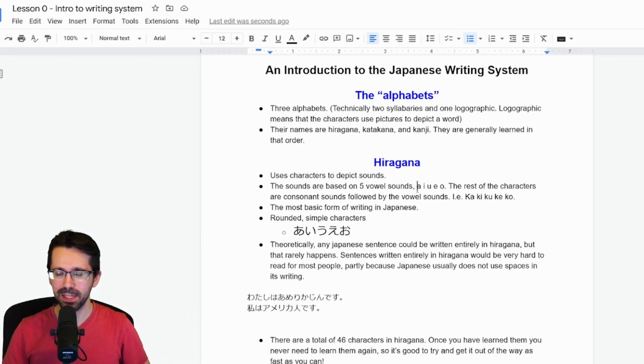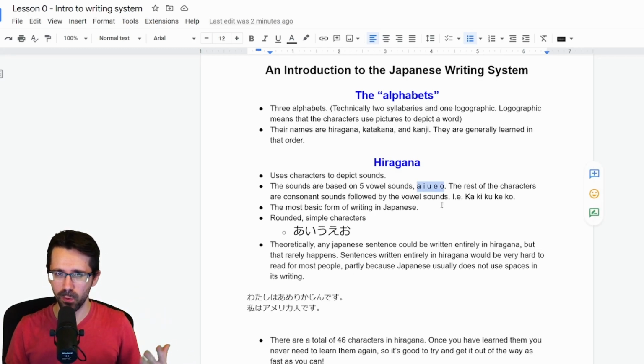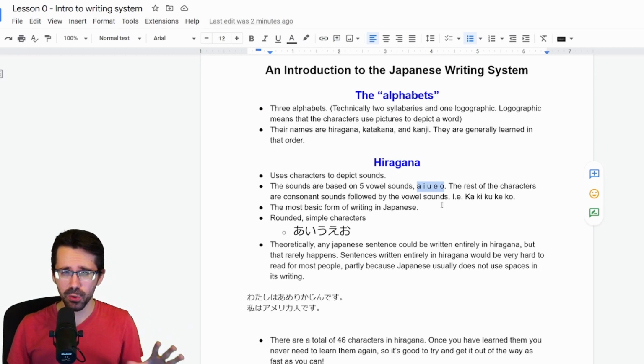There's lots of ways to mess it up, but as far as the complexity of pronunciation in the languages go, Japanese is one of the easiest and simplest to pronounce languages because it is limited to just these 5 vowel sounds. Now, after we have these 5 vowel sounds, we're going to make the rest of the sounds in Japanese by adding a consonant sound to these vowel sounds.